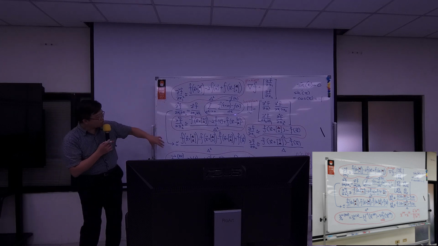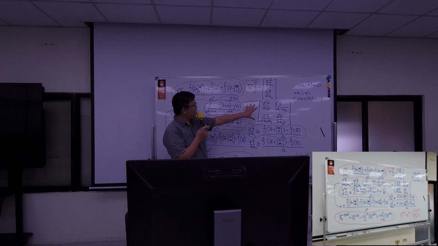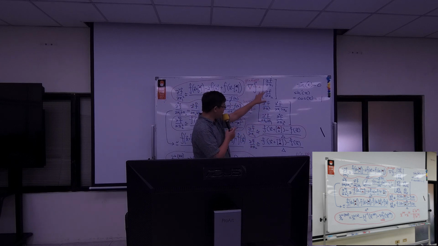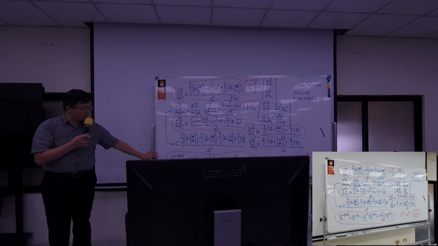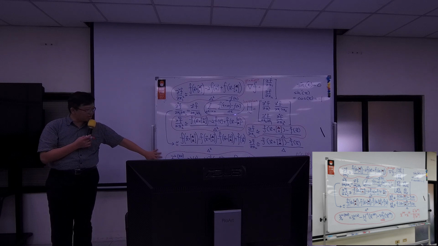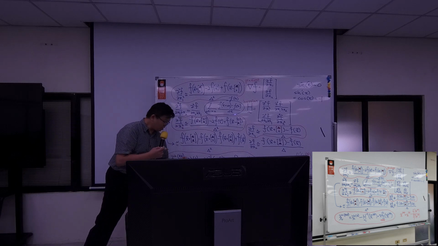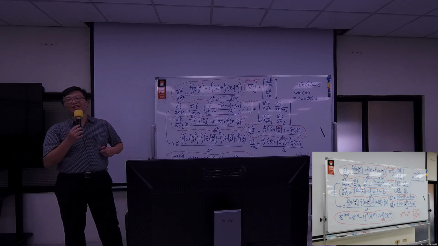Okay, so once you have those, put them into the Hessian, put them into the gradient, do the final equation right here. That's Newton's method. Okay?